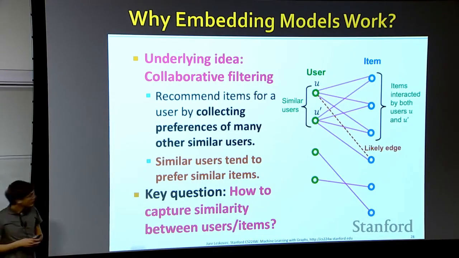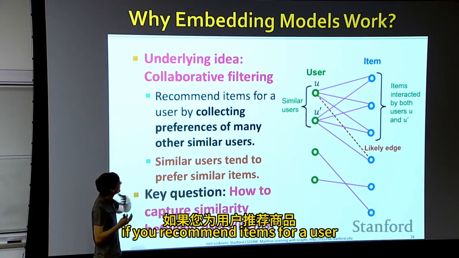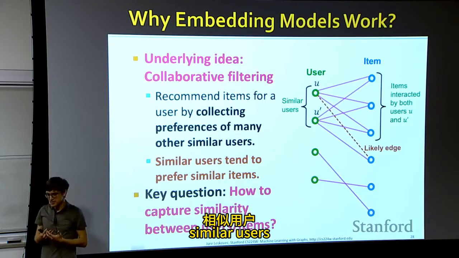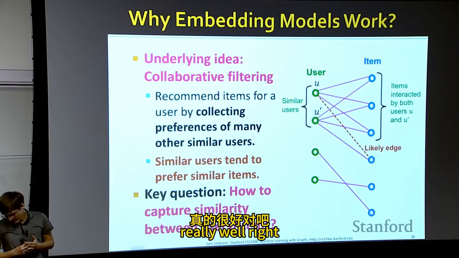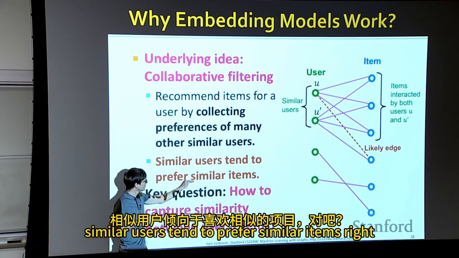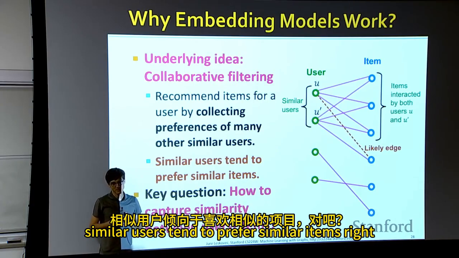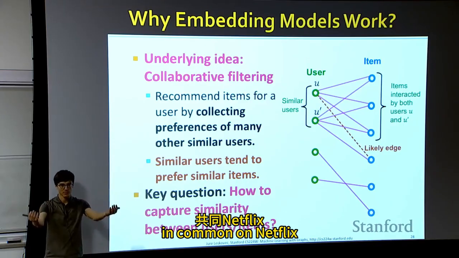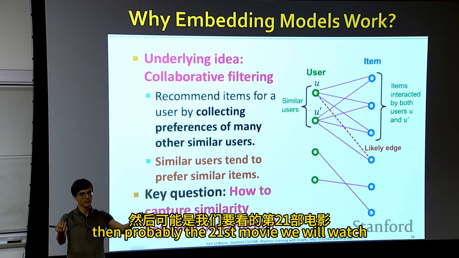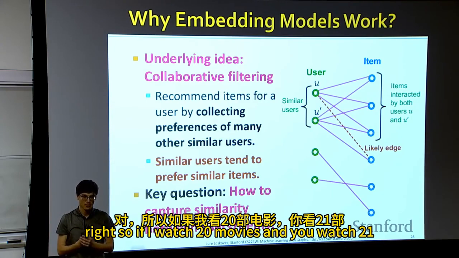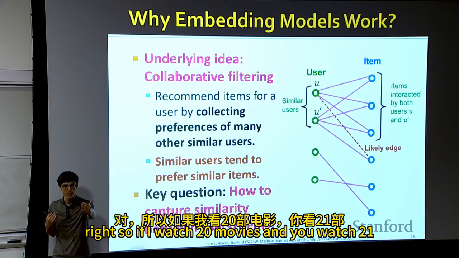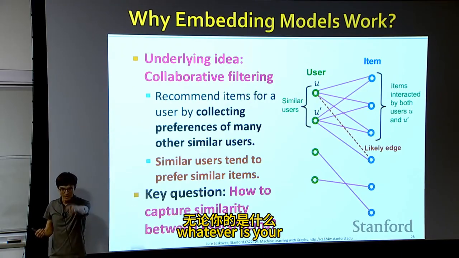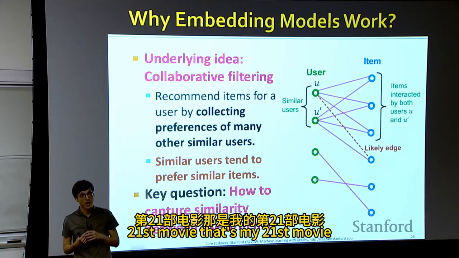The idea is that if you recommend items for a user by collecting preferences of other similar users, you will do really well, in the sense that similar users tend to prefer similar items. If you and I watch 20 movies in common on Netflix, then probably the 21st movie we watch will also be very similar. So if I watch 20 movies and you watch 21, and the first 20 are the same, then a very good recommendation is to say, whatever is your 21st movie, that's my 21st movie.